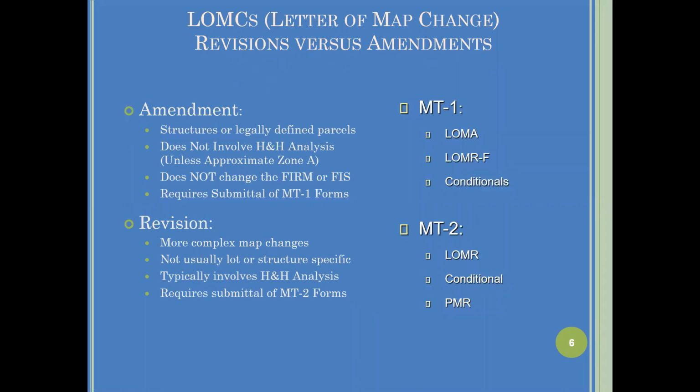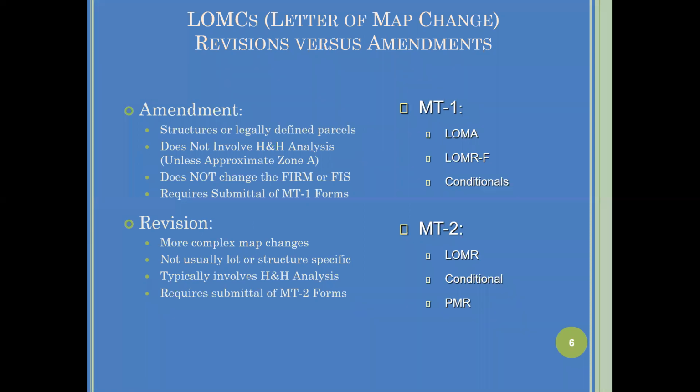If you want a map change to reflect a new study that has already been done, or to reflect better ground elevation, use one of the following FEMA forms. Either the MT-1 form, which is appropriate for letters of map amendment or conditional letters of map amendment.